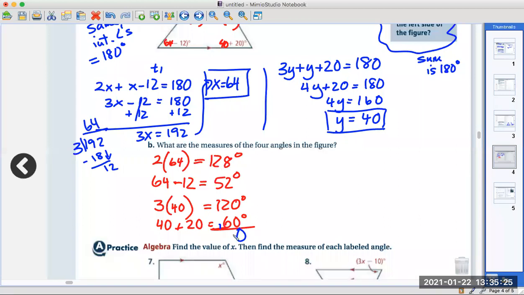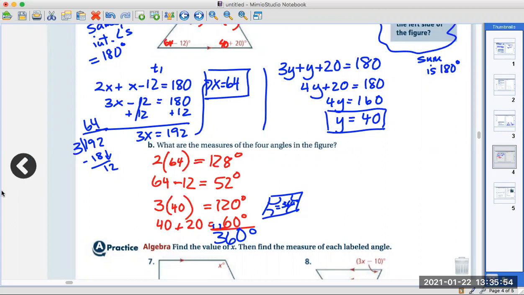Yeah. In any 4-sided closed figure, no matter what the shape is, the sum of all the interior angles is always 360 degrees. So if you know 3, you can find the 4th by subtracting the 3 from 360. So just to throw that in, that's not in this lesson, but I think it's interesting.